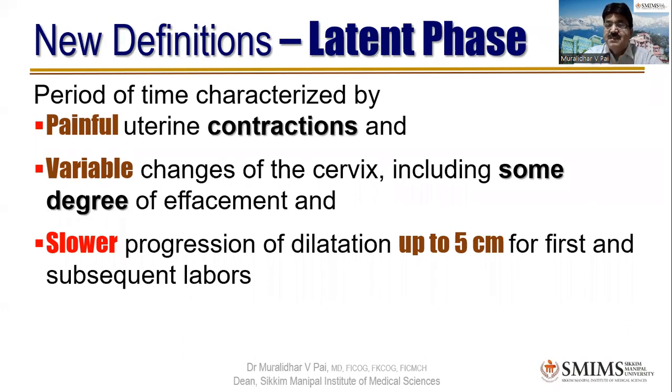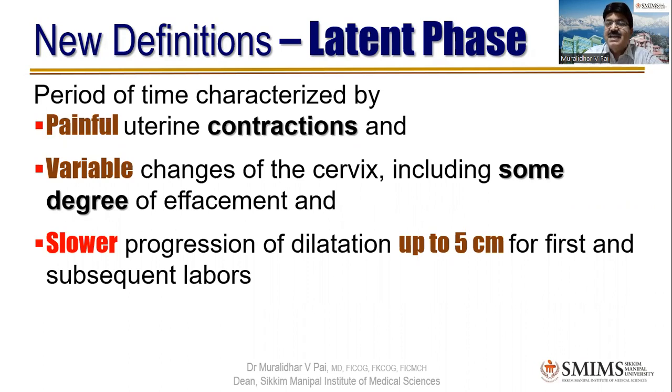As far as latent phase is concerned, it is that period up to 5 centimeters where the cervical dilatation happens, but very slowly, very erratically, at a different pace in different women. And there is pain, but it is not a regular contraction. That is latent phase.